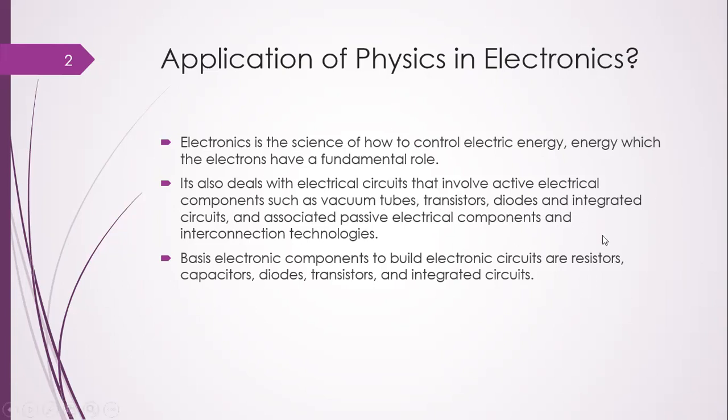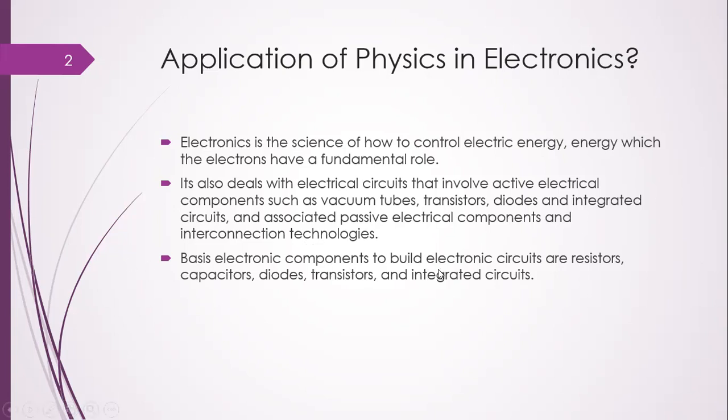Transistors, diodes, and integrated circuits, which are the ICs, and associated passive electrical components, which are resistor, inductor, and capacitor, and interconnected technologies, which are the drive cards, drive electronics component.